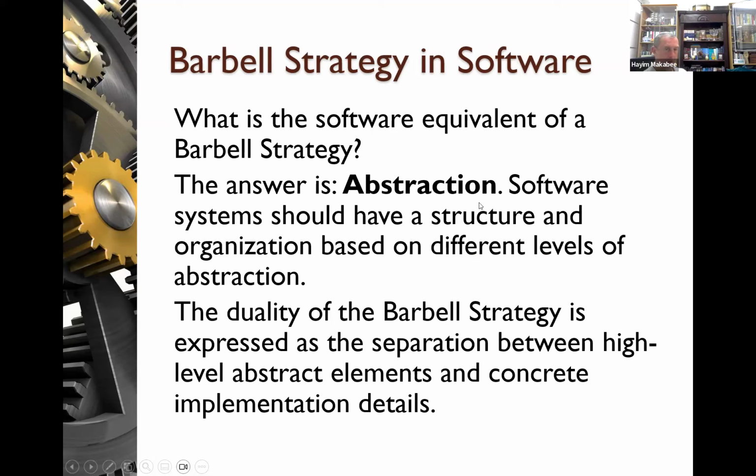When we organize our software system using abstractions, we are having two streams. We are separating one extreme that is abstract from another extreme that is very concrete, which are the implementation details. You understand these two extremes? We have an abstraction and a concrete implementation detail.